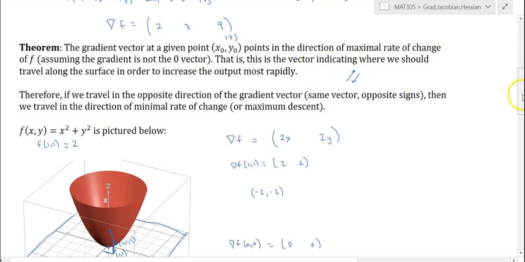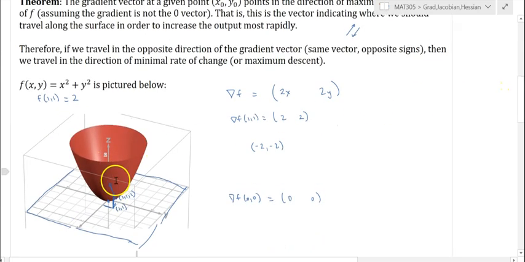So this could be helpful in the sense that if we're trying to maximize something, and we're at a specific point and want to know where we should move, well, as long as we always move in the direction of the gradient vector, and then of course recompute.